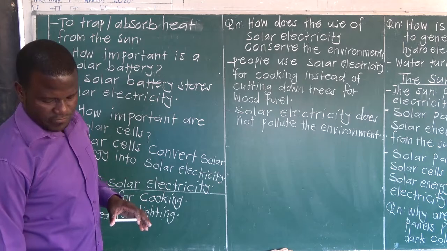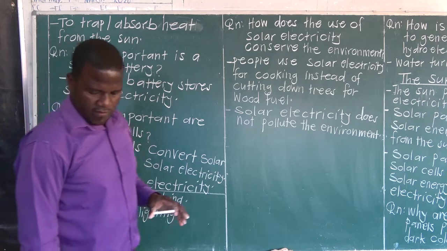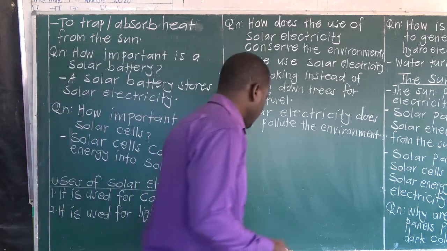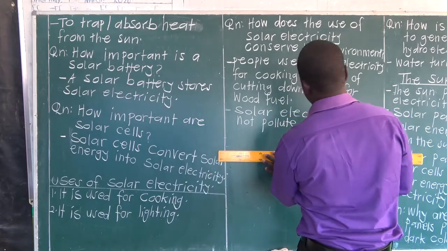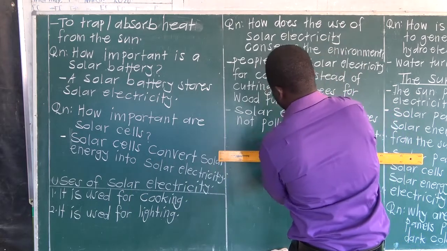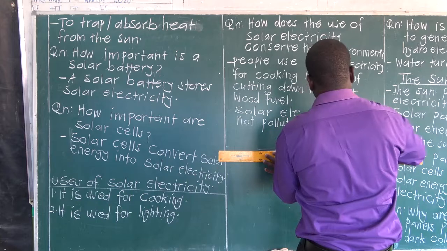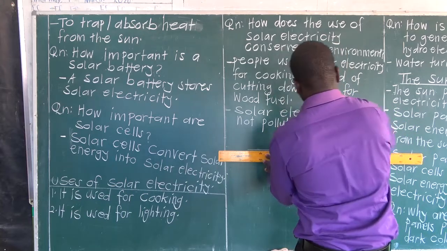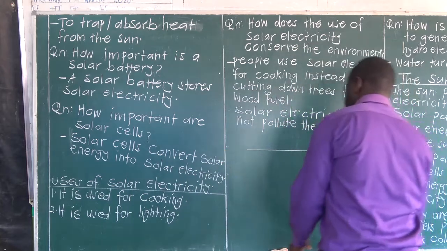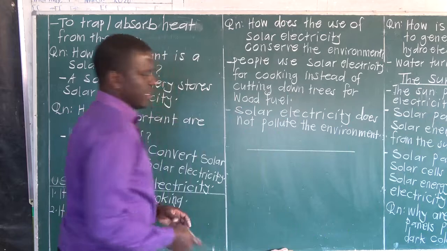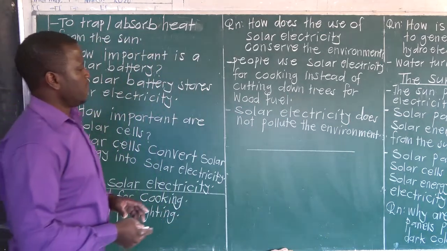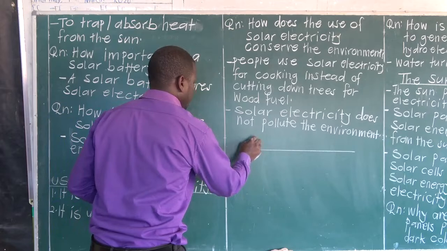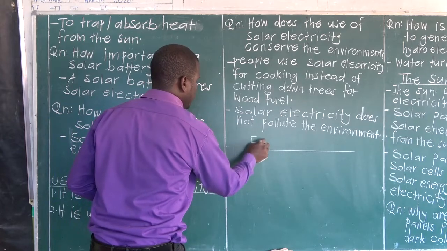Next, we look at fossil fuels. In P.6, we looked at fossil fuels. And we said fossil fuels can be used for cooking, like coal, and fossil fuels can also be used to generate thermal electricity. Fossil fuels can be used to generate thermal electricity.